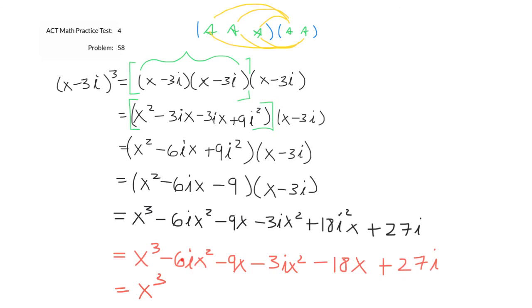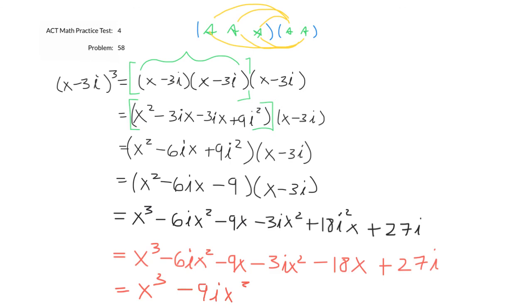We have a like term pertaining to ix squared, these two. That's going to turn into negative 9ix squared.